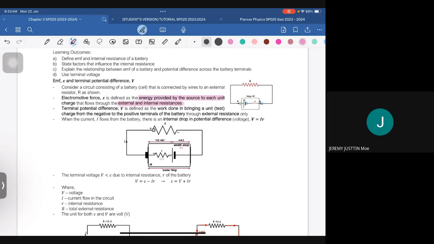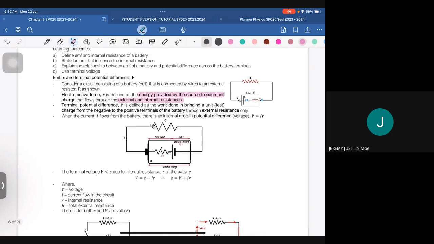Terminal potential difference pula, it is the work done in bringing test charge from negative to positive terminals of the battery through external resistance only. Okay, so kalau kamu tengok bahagian EMF ni, they consider external and internal. Tapi potential difference ni, they consider battery through external resistance only. Okay, so itu perbezaan dia.